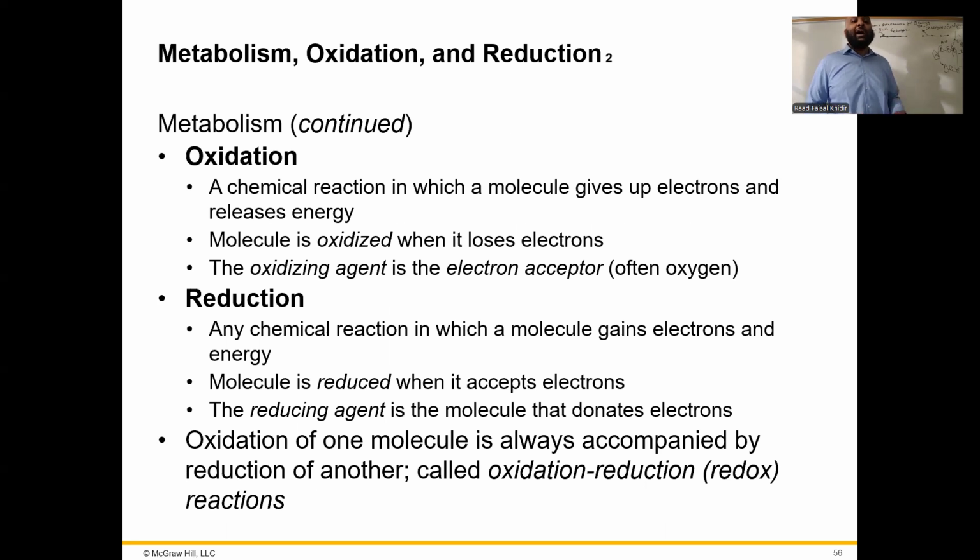oxidized. Now we got to know, if you are oxidized, you are the reducing agent. And if you are reduced, you are the oxidizing agent. So it's pretty simple. If you are oxidized, then you are the reducing agent. You are the agent of the opposite of what happened. If you are oxidized, like sodium, sodium lost an electron.